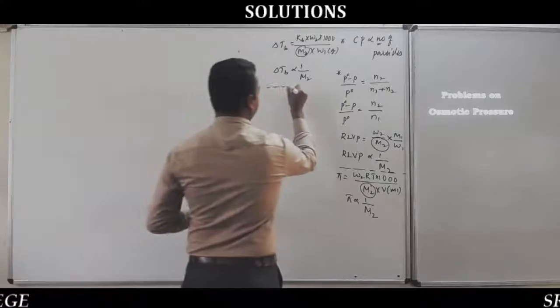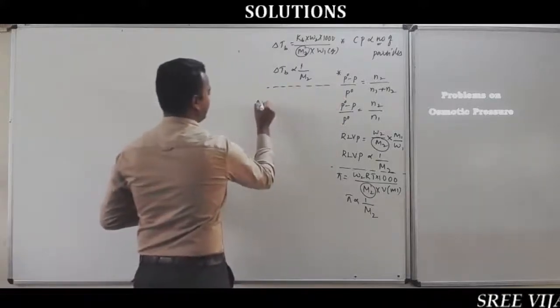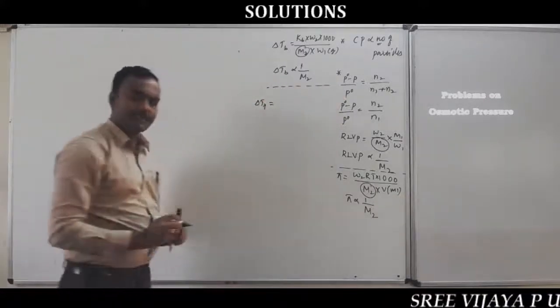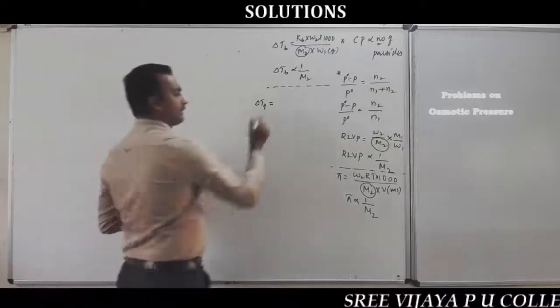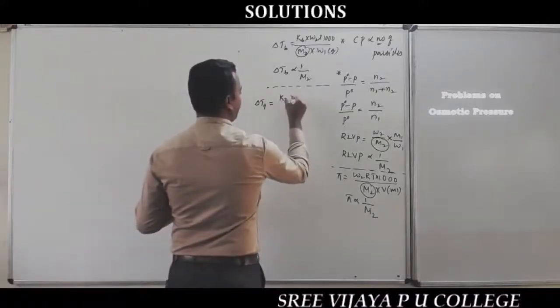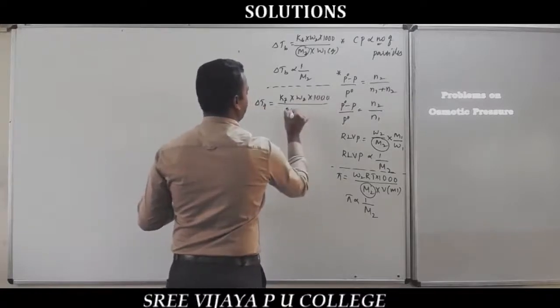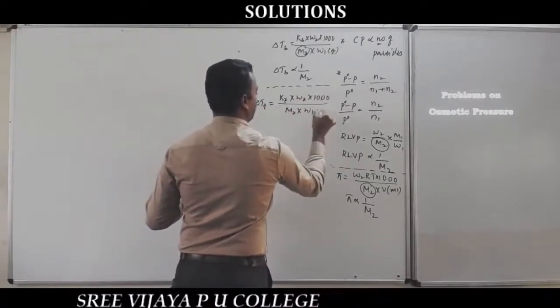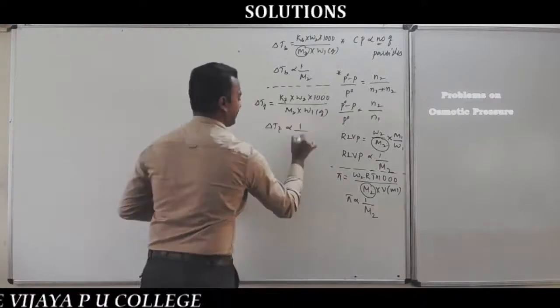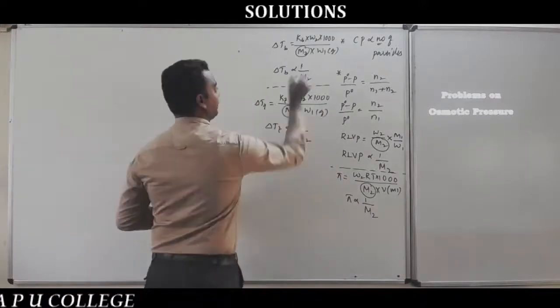Again, one more colligative property is delta Tf, called the depression of freezing point of the solvent, which is written as Kf into W2 into 1000 divided by M2 into W1, where Kf is a constant. Again, that is inversely proportional to the molar mass of solute.